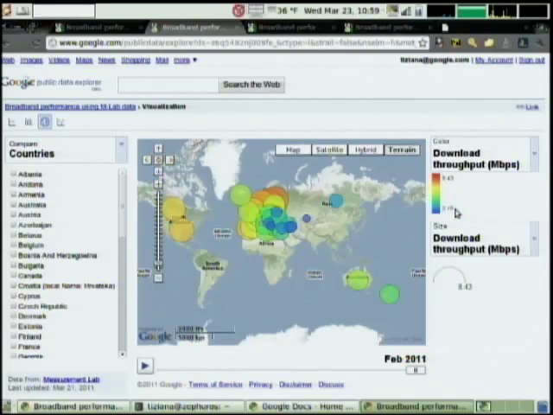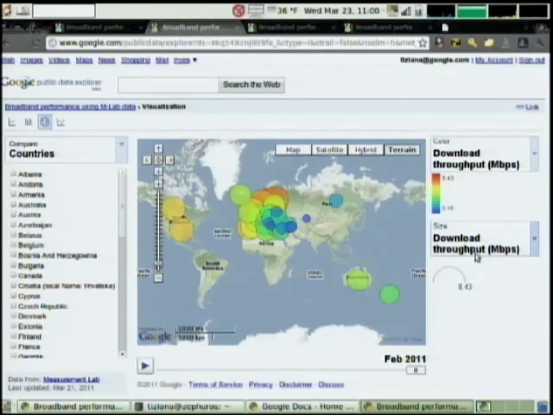So where it's blue, the data rates have been low, and where it's red, the data rates are higher. The U.S. is sort of in the middle, as you can see over on the left. The size of the circle in this particular case is also indicative of the throughput that's being experienced.